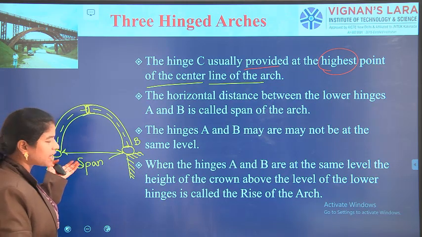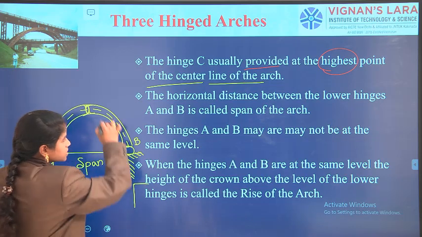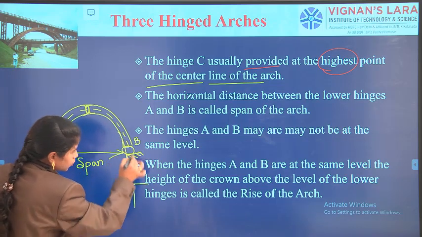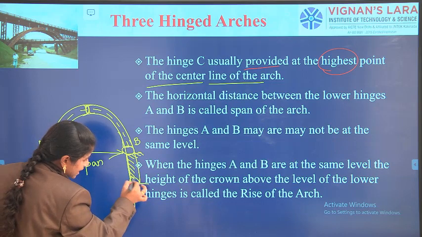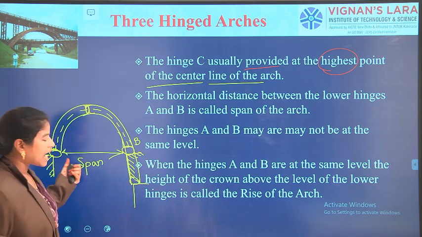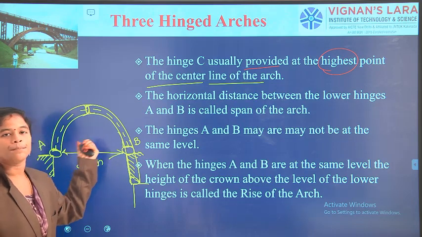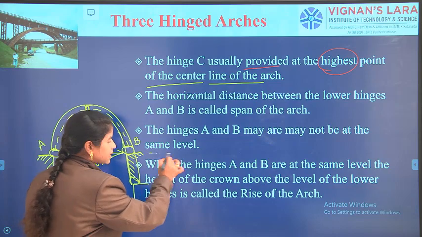Right? Maybe due to some conditions I have given this B support at this level, so the arch will look up to this and then it will be hinged. Okay. So, the supports A and B may or may not be at the same level.